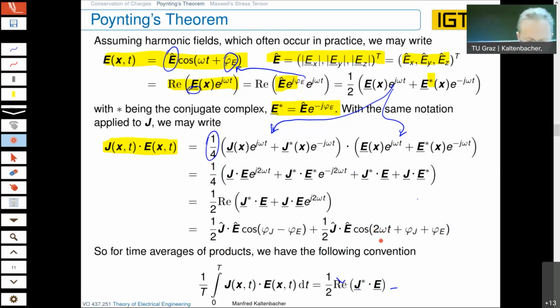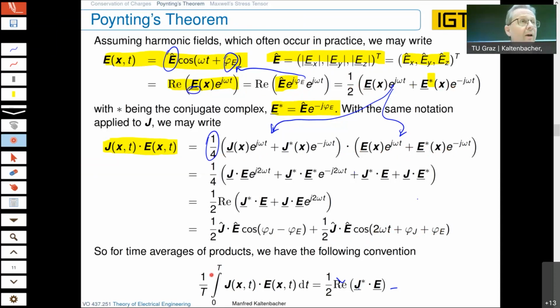Okay, so you can rewrite this term when we express it with the exponential or Euler formula, which gives us the real part by this term here.